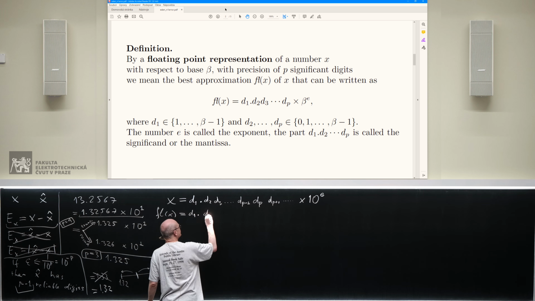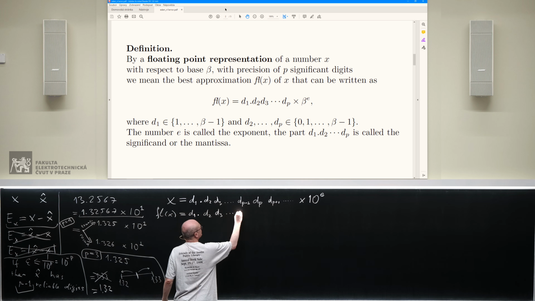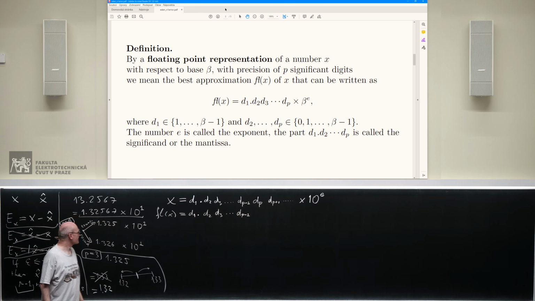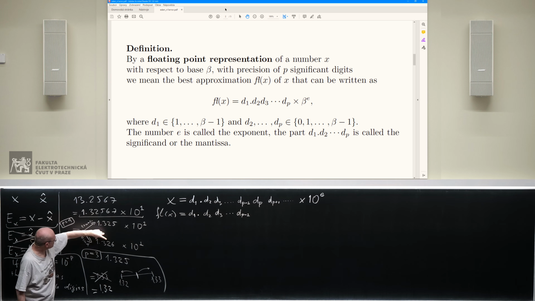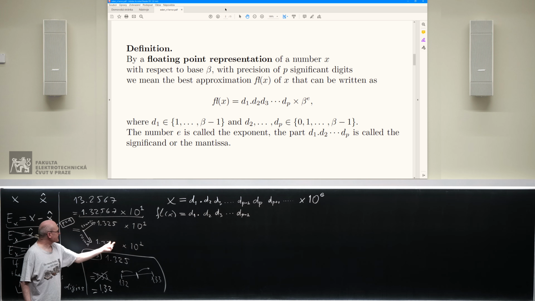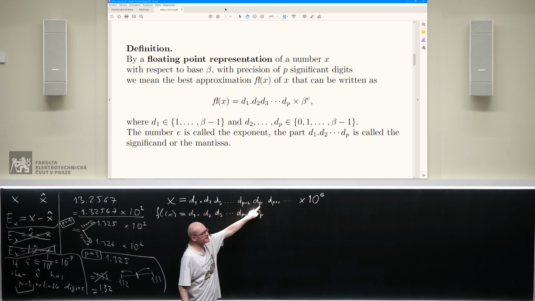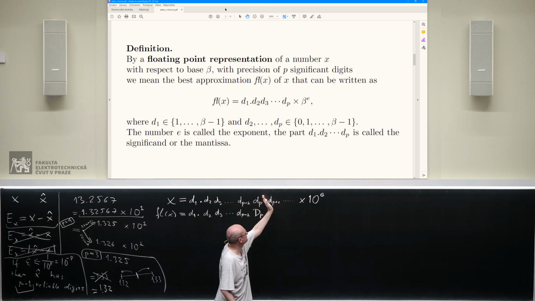So let's be optimistic. I stored these p minus 1 digits, which is what I did over here. I stored the first 3 digits easily. But the fourth digit, there I have to worry about rounding up or down. So there will be some digit, let me call it capital D_p, and it could be either little d_p or d_p plus 1. Okay, it depends on the tail here.